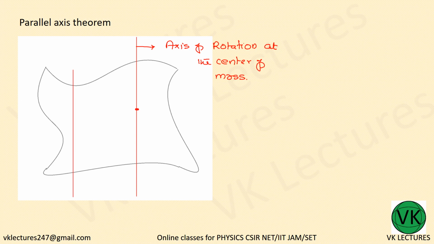Okay, so the axis of rotation at the center of mass, and now this is the axis of rotation made. So this is the axis of rotation at the center of mass.